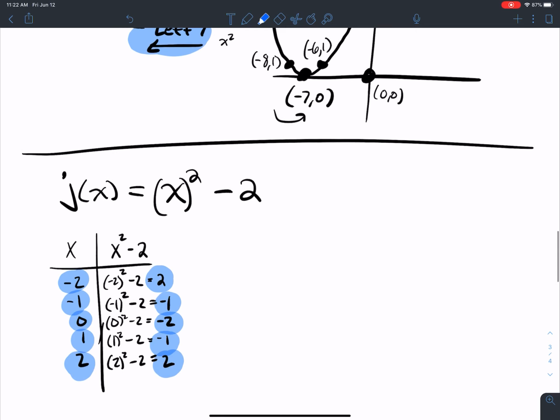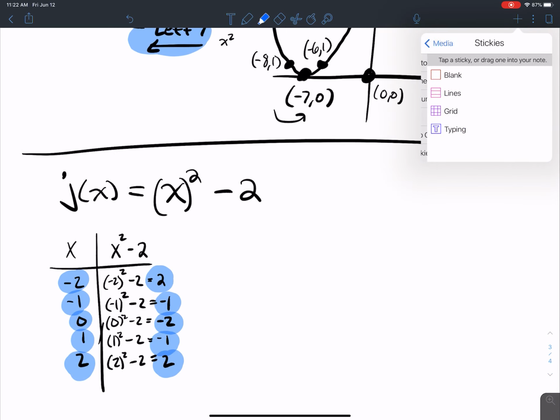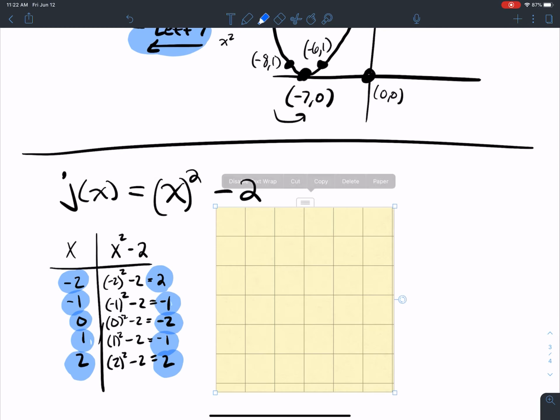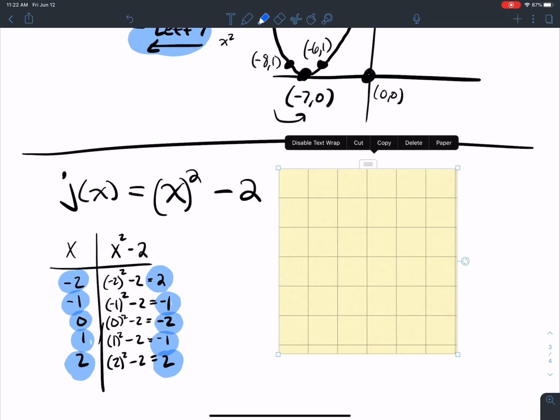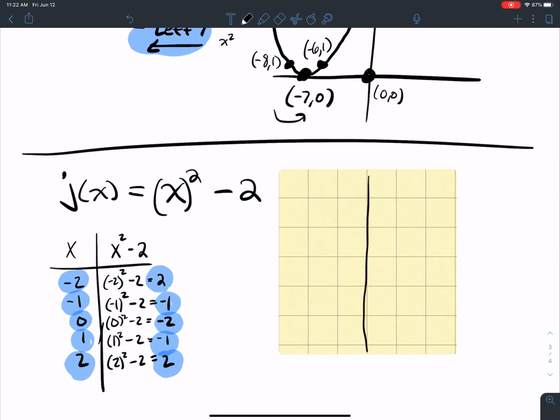So what's happening? So I've got my graph. Okay, the original x squared looks like this. Okay, that's x squared, right? Now, what's happening?